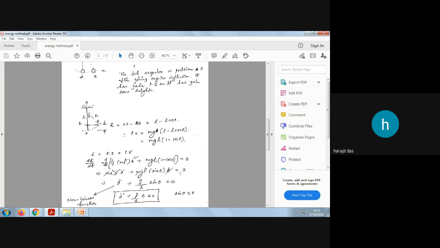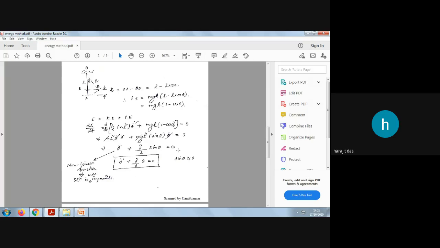It will be equal to 0. After simplification, m will be cancelled out from both terms, one l will be cancelled out, and theta dot will be cancelled out. Understood? Finally you will get theta double dot plus g by l sin theta equals 0.